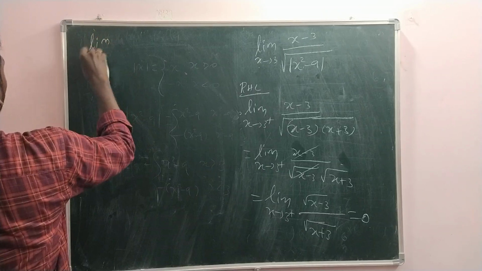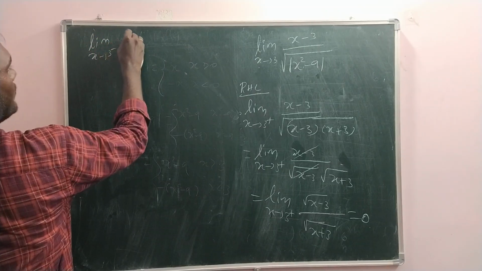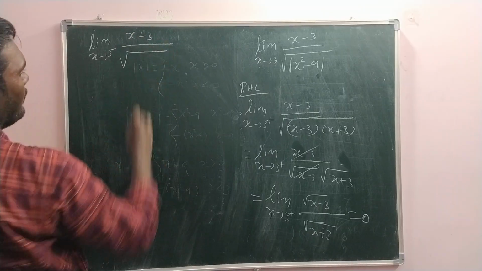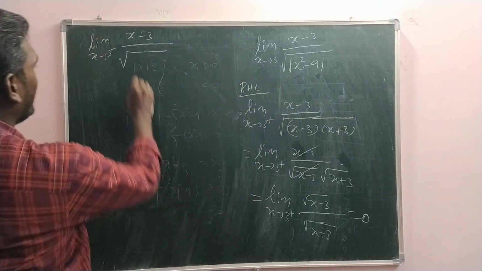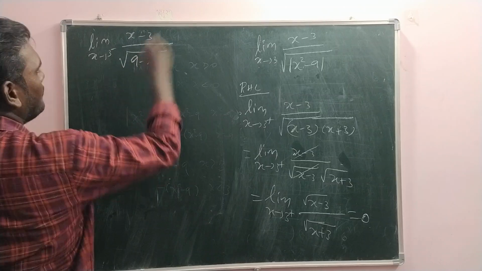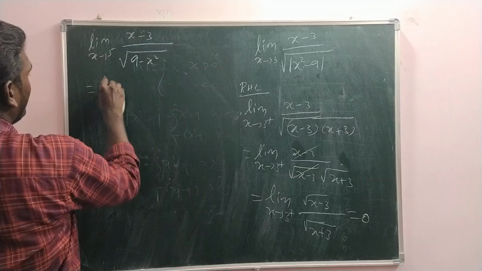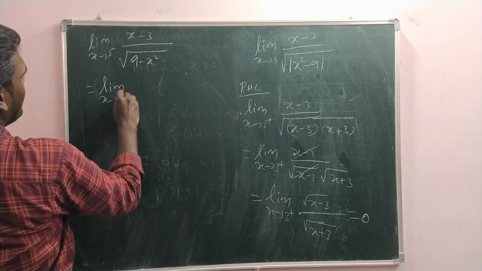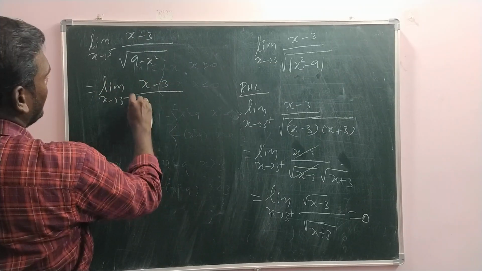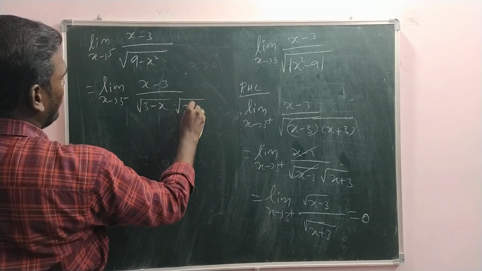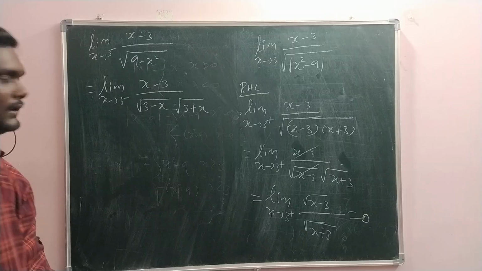Say limit x tends to 3 minus, then x minus 3 divided by square root, inside the square root. For this modulus what will we get? 9 minus x square, because minus of x square minus 9, right? So this is limit x tends to 3 minus, x minus 3 by square root of 3 minus x into square root of 3 plus x. Still it is possible.